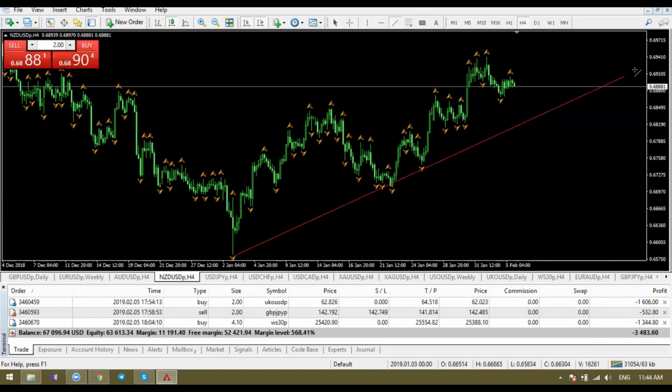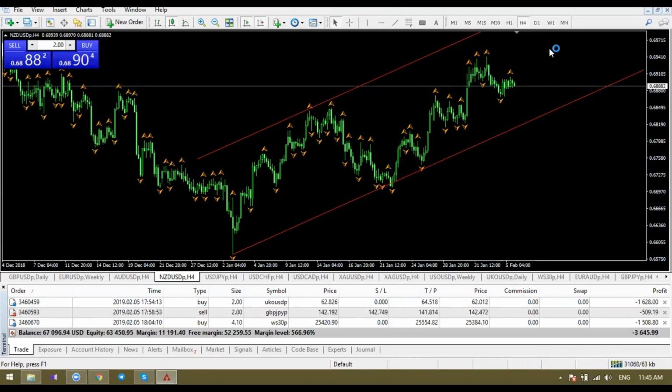I still haven't taught you the sell and buy signals. Now I'm just teaching you the market elasticity and its trends. So right now my trend line is uptrend. My medium term and long term is still ascending and increasing.